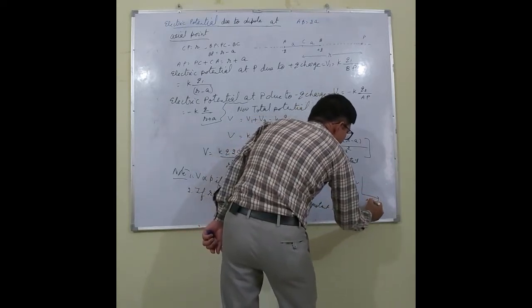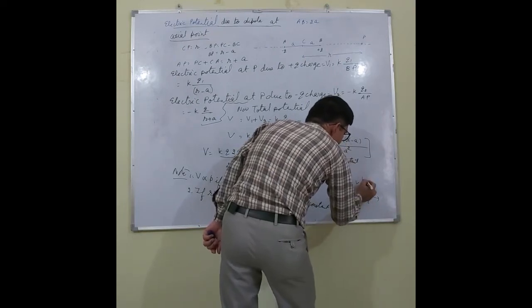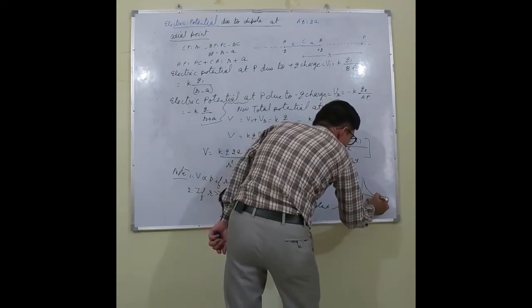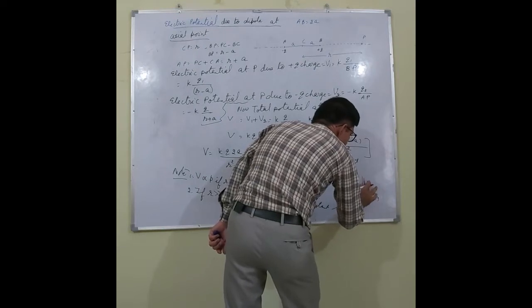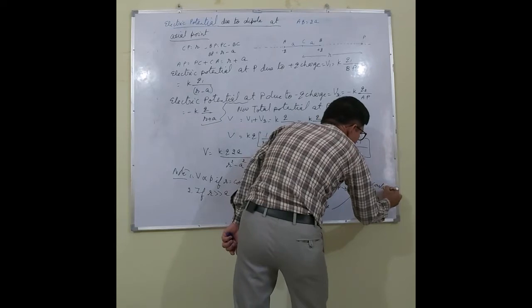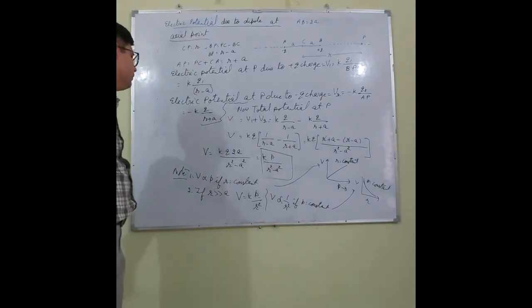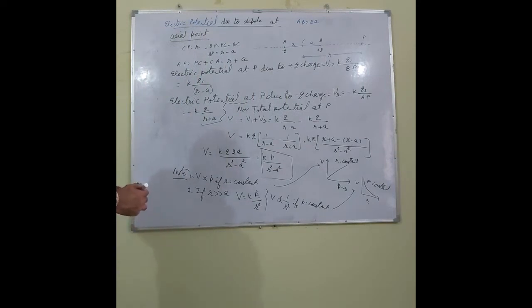V versus r, it is inversely proportional. Here I am taking p constant. Right? So this is the case of electric potential due to a dipole at an axial point.